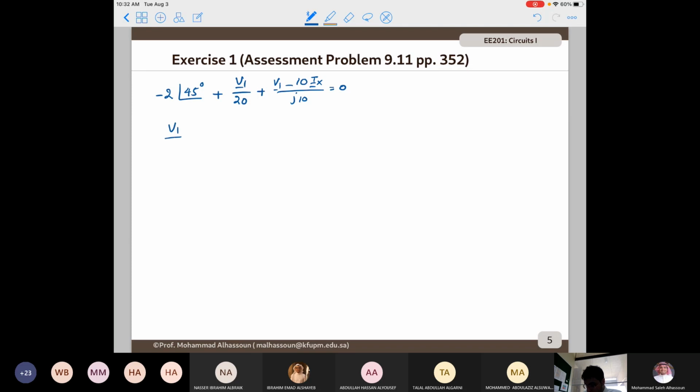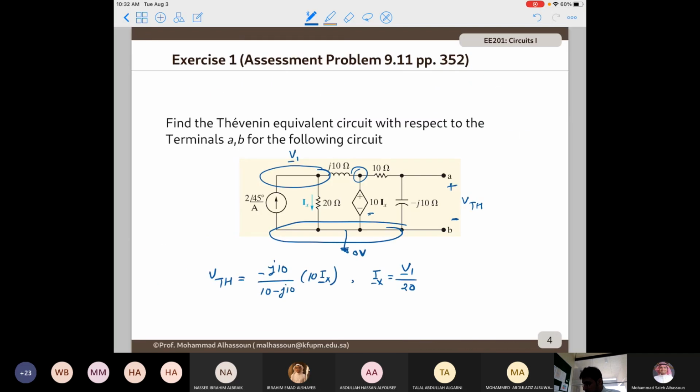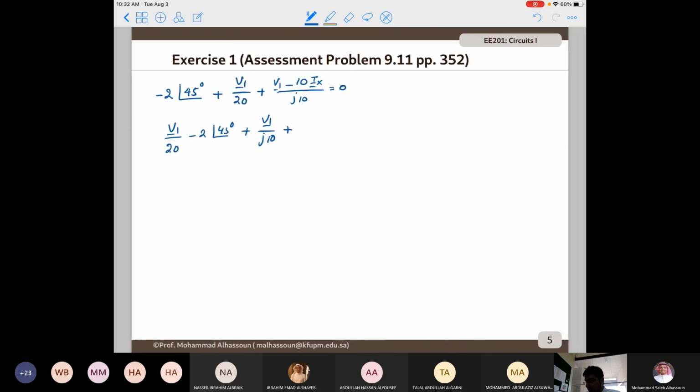Anyhow, it's going to be V1 divided by 20 minus 2∠45 degrees, plus V1 divided by j10, plus, we know that Ix is V1 divided by 20, so 10Ix means it's going to be 10 divided by j20. It should be minus.